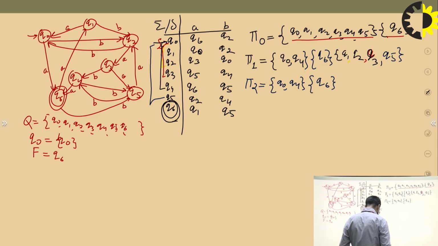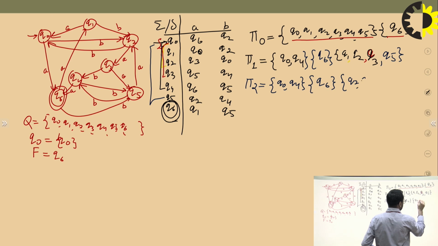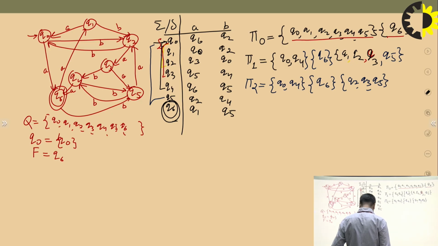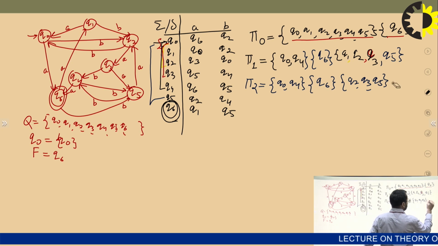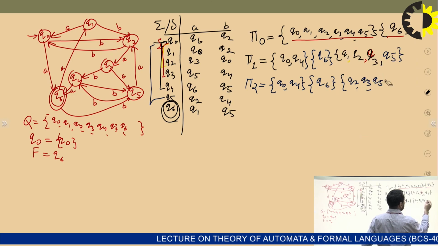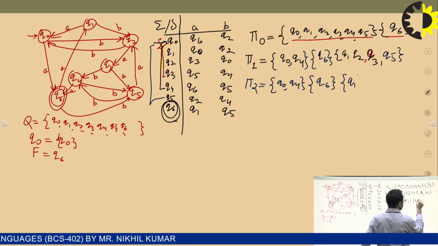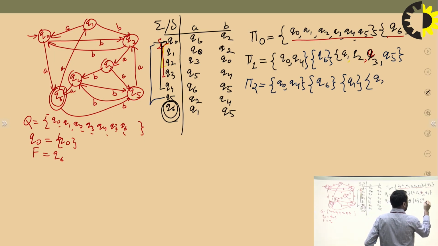It will exist in a single set. Q1 and Q2, Q3 and Q5.